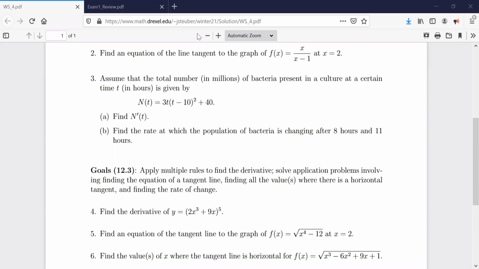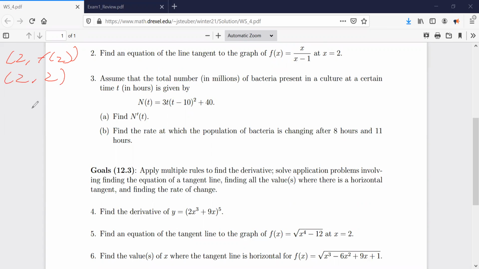The y value. Yeah, exactly. So the derivative gives me the slope, and then I also need a point. I'm going to have to find the y value to get that. So the point would be 2 comma f of 2, and that's going to be 2 comma 2, because 2 divided by 2 minus 1 is 2.